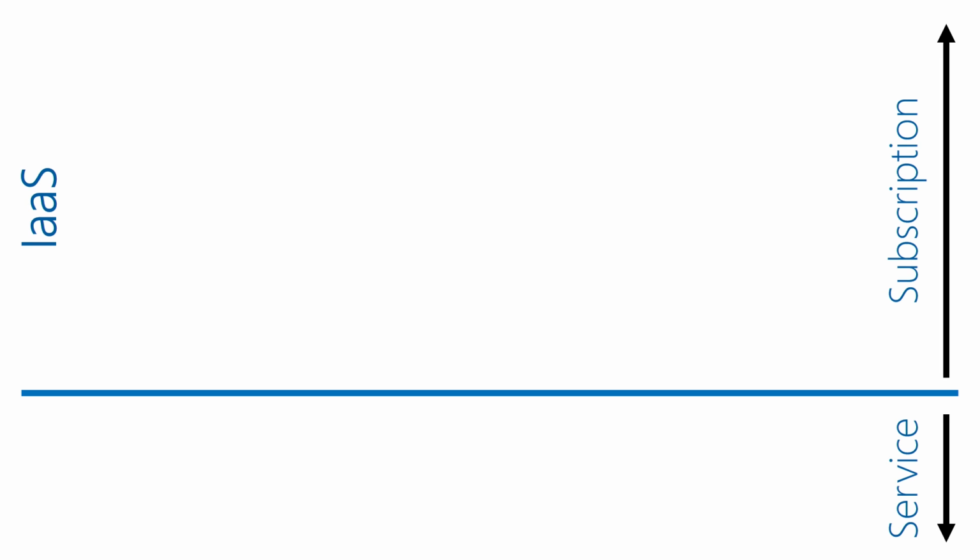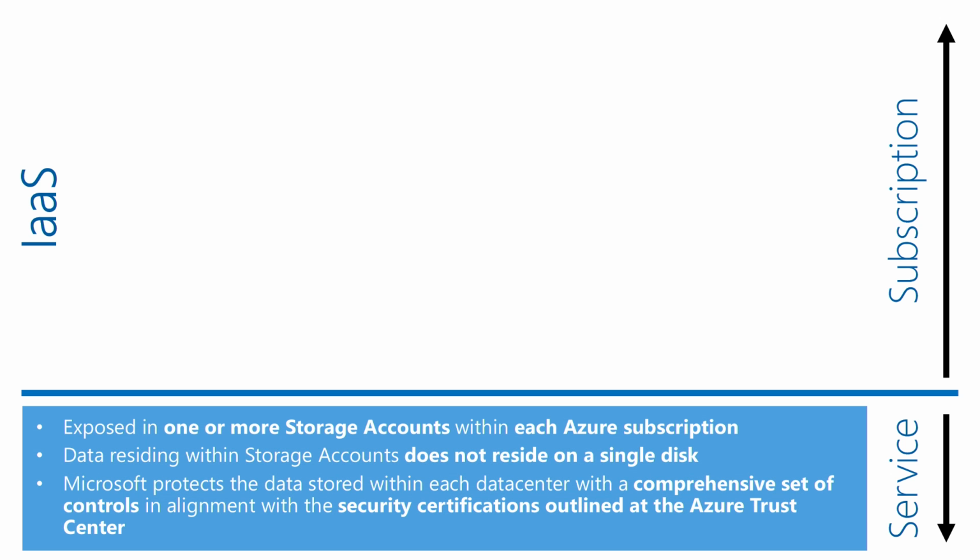If I go into detail, depending on either infrastructure as a service or platform as a service, they do vary. For example, infrastructure as a service is exposed in 1 or more storage accounts for each subscription. So your storage accounts are created inside the subscription. You can create multiples.